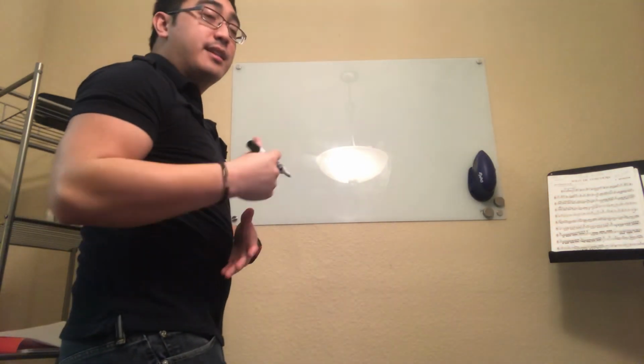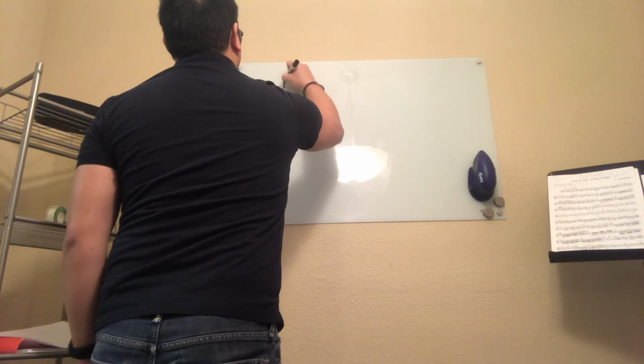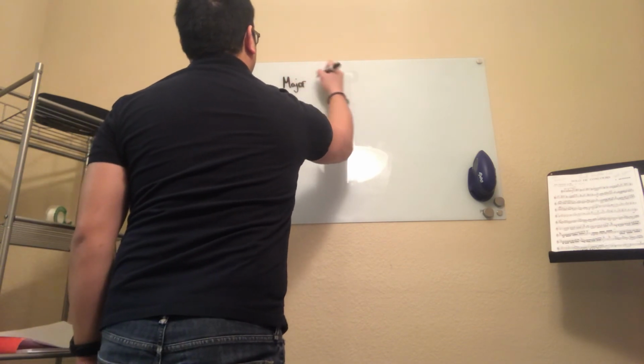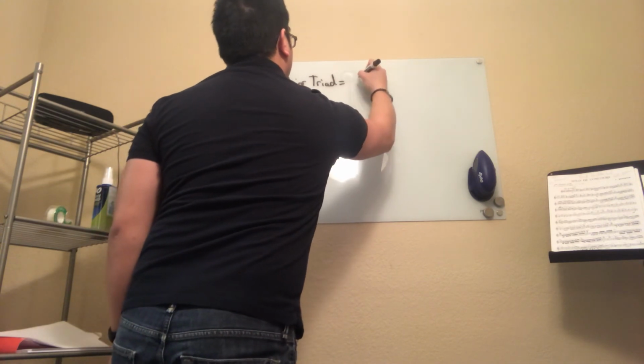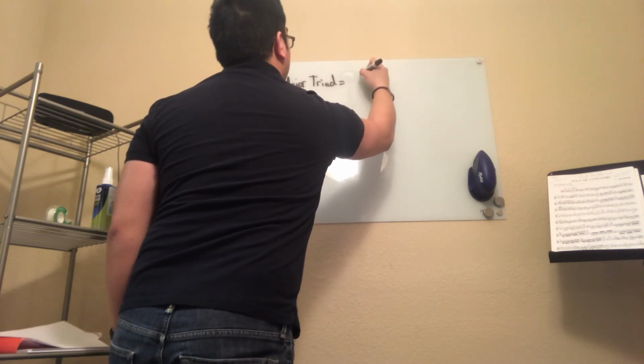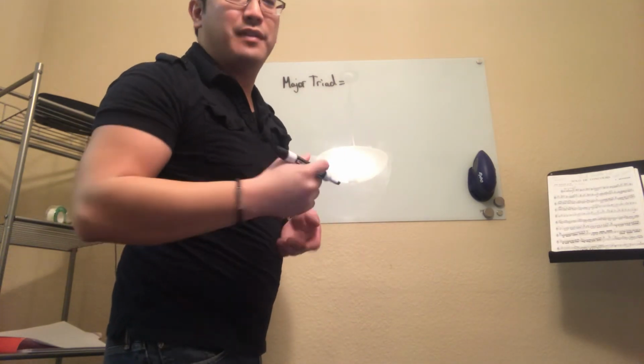So just in case I didn't go over this, this is how you write out the names of triads, chords, and inversions. We're going to use A flat as an example.